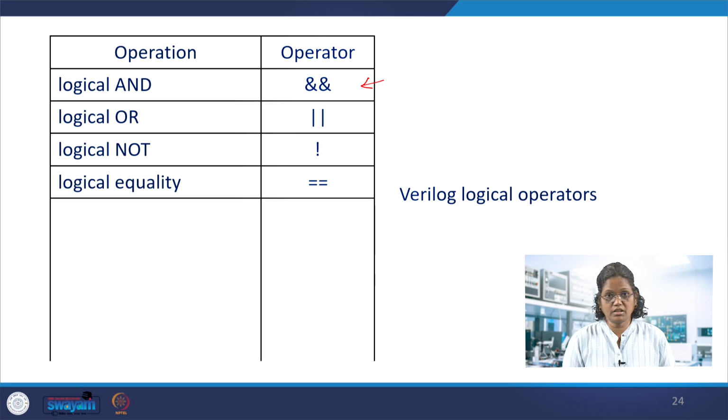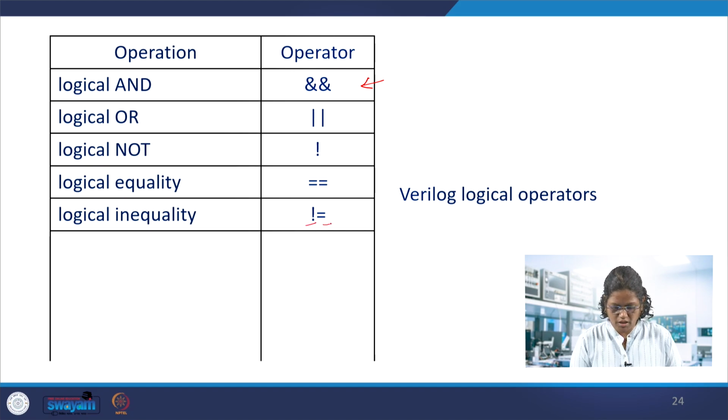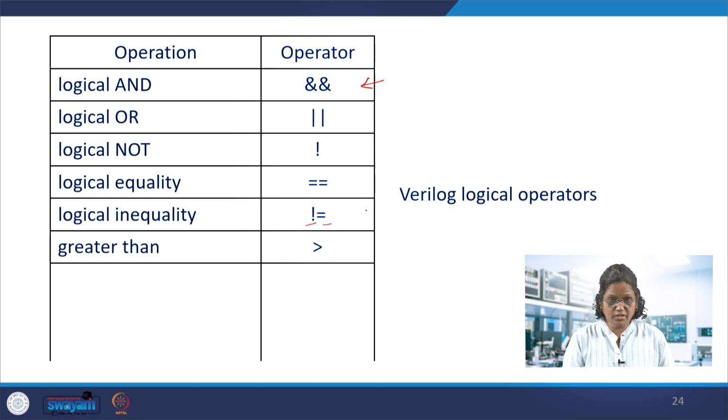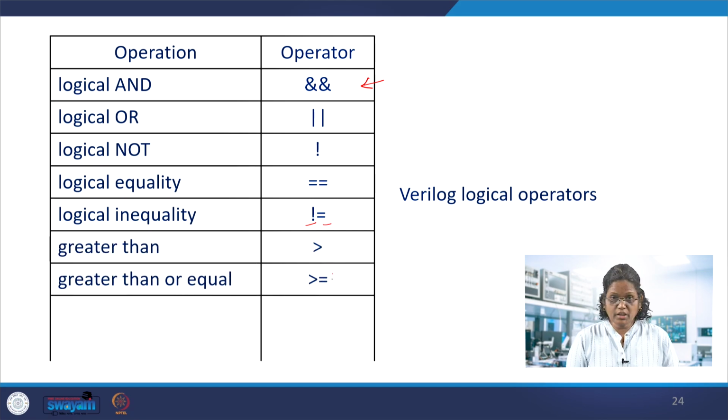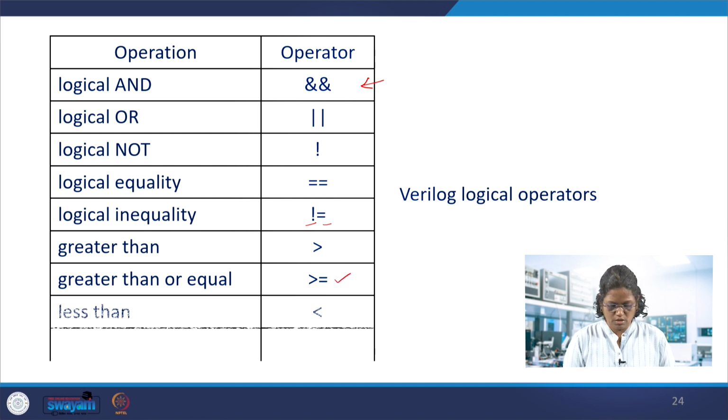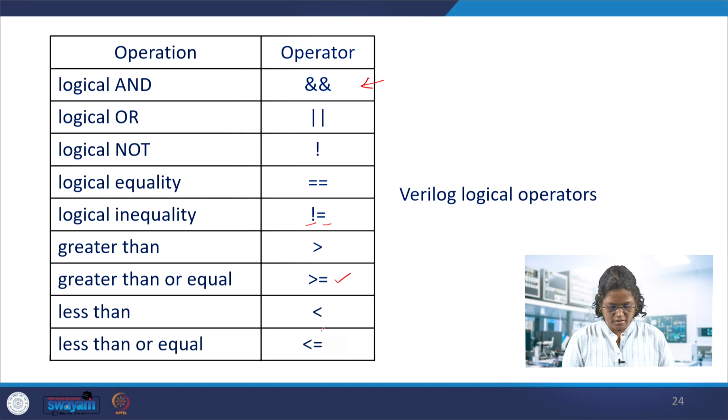Logical equality is the double equal sign, and logical inequality is the exclamation mark followed by equal sign. Greater than has the greater than symbol, greater than or equal to has greater than and then equal to, and similarly less than and less than or equal to. These are the logical operators of Verilog.